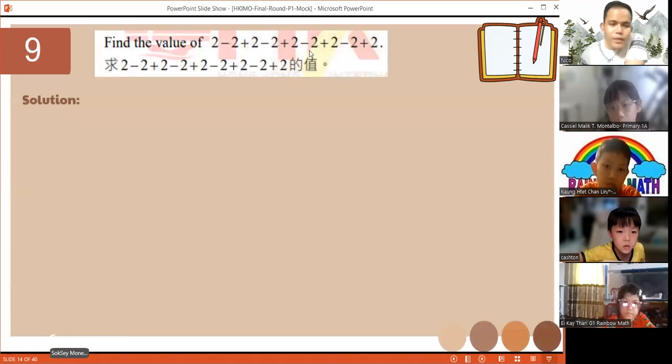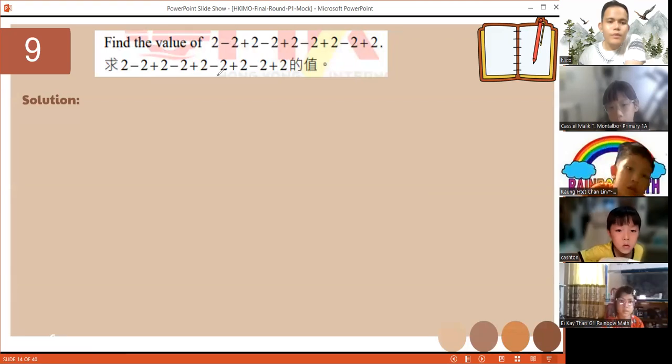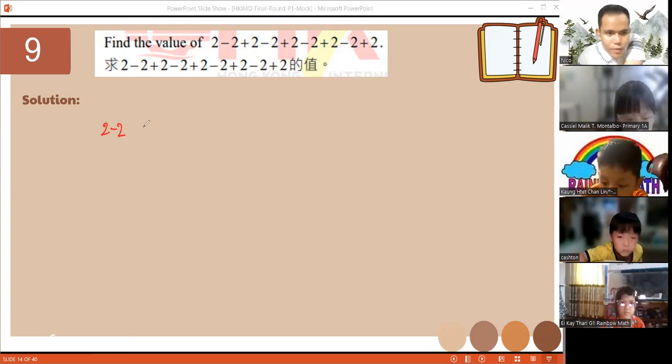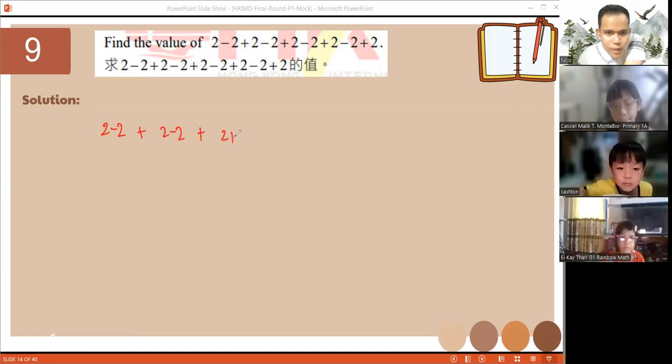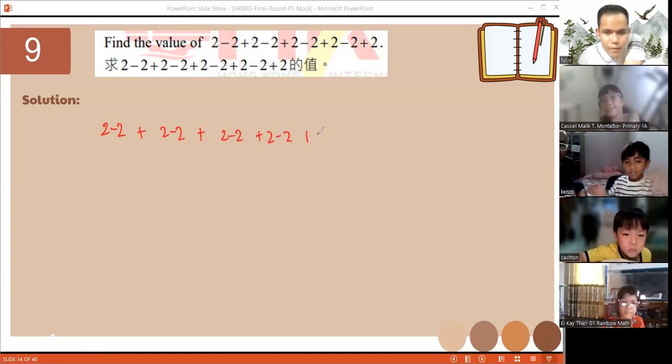This one. So we have here 2 minus 2 plus 2 minus 2 plus 2 minus 2 plus 2 minus 2 plus 2. Okay. So this one itself, okay, let's try to rewrite this one. So we have 2 minus 2 plus 2, 2 minus 2 plus 2, 2 minus 2 plus 2.